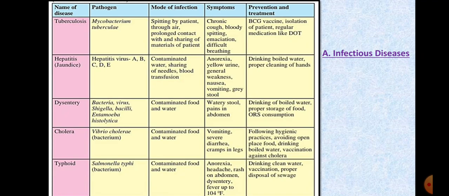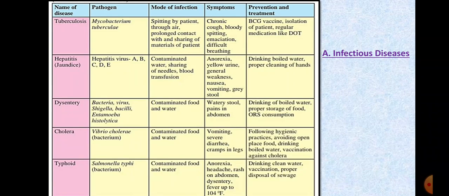So the first one is tuberculosis, which is also called as TB. And as you know, as soon as a child is born, every newborn is given the vaccination of TB on the very first day immediately after the birth.